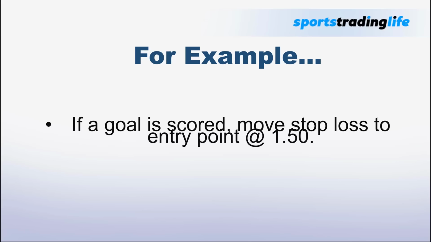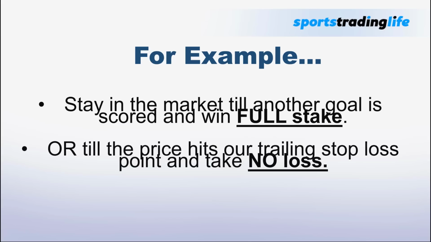And basically, that's going to put us in a situation where we stay in the market from that point, and if another goal is scored, we're going to win our full stake. If the price then hits the stop loss point of 1.50, we just exit out of the market and we're not going to take any loss. Remember, that is the price we entered the market at. So if we exit the market at the price we entered at, we're not going to take any loss.